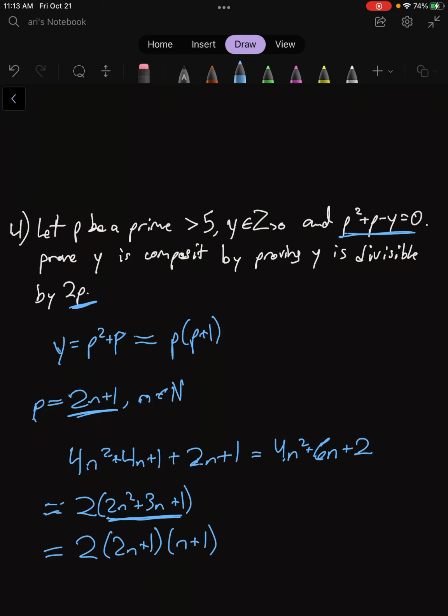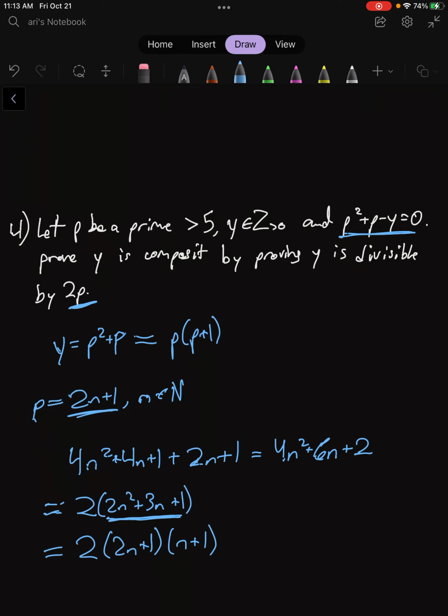This is like an unfoiling that we're doing, and it's not always easy to see if you're not looking for it. But this problem does ask us to look for it. We're trying to divide out by 2p. Dividing out by the 2 is really simple, and then seeing that you could also factor out a 2n plus 1 is the thing you have to look for.